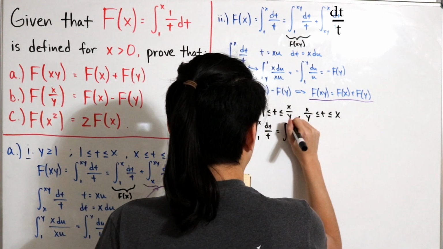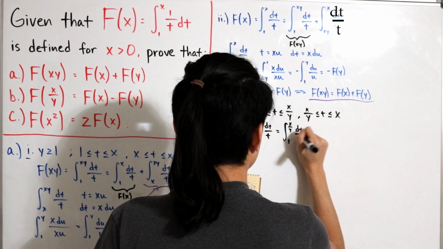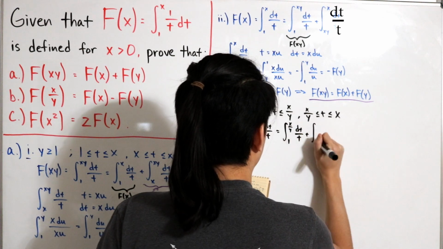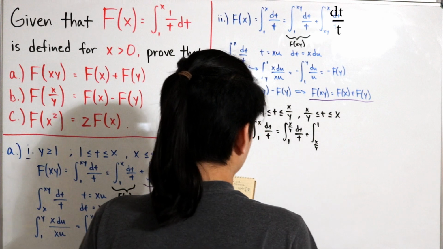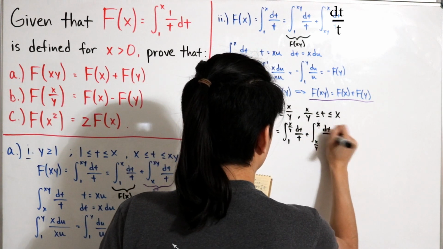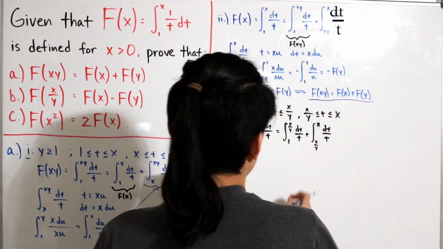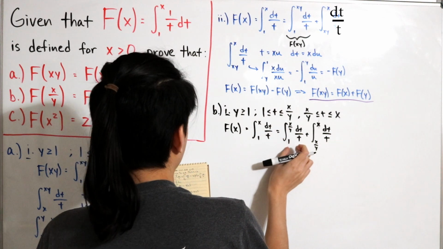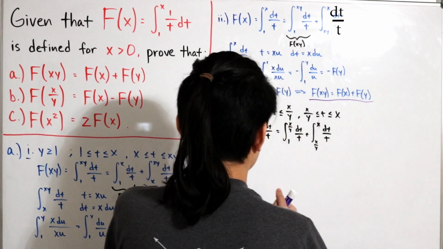So our bounds would be from 1 to x over y, dt over t, added with the lower bound x over y, and the upper bound, excuse me, that's supposed to be x, then dt over t, right? Okay, and now we just know that this first integral is actually just f of x over y. So let me distinguish that and say this is that.